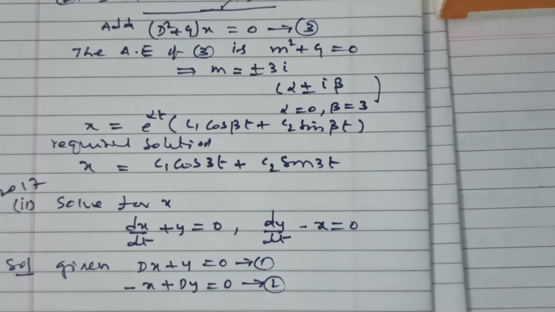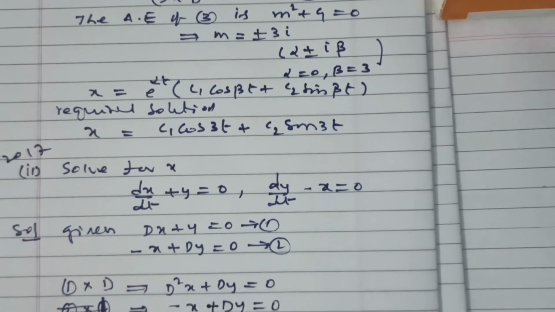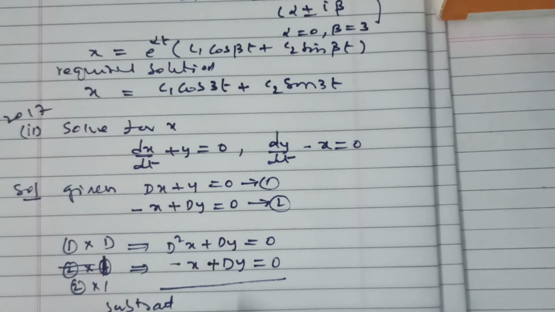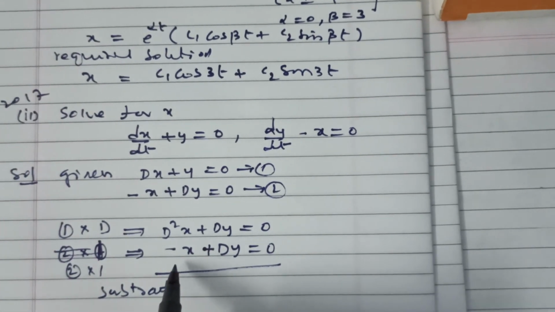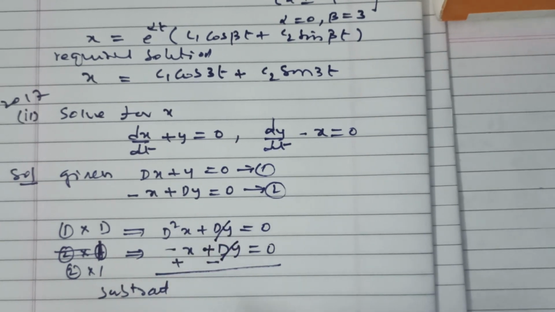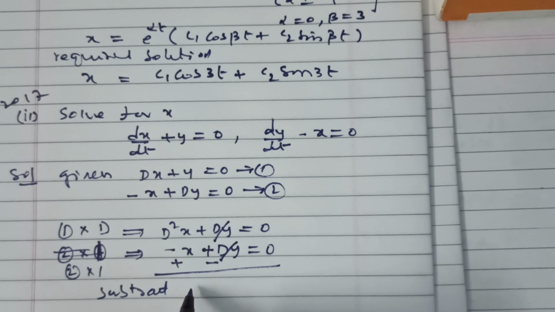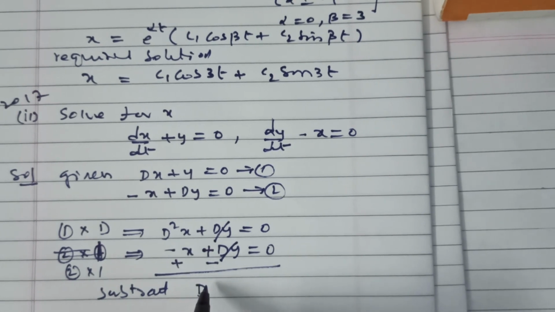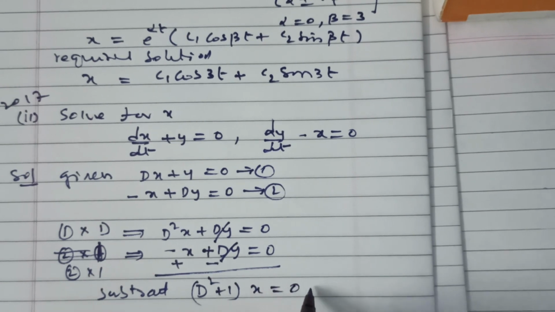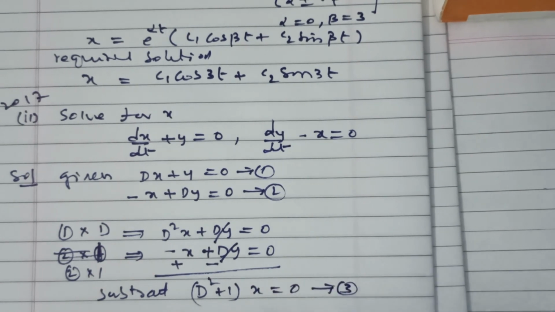Subtract, because same signs are there, to eliminate y. Now x is common, so D square plus 1 of x is equal to 0. Take this as equation 3.